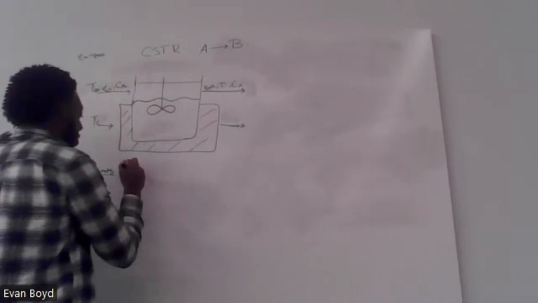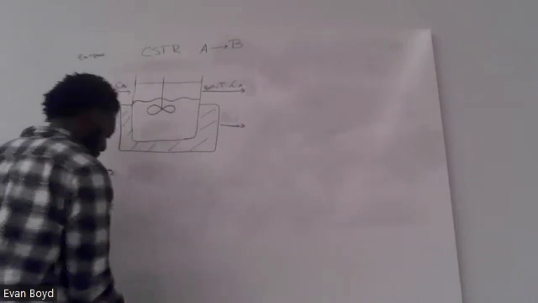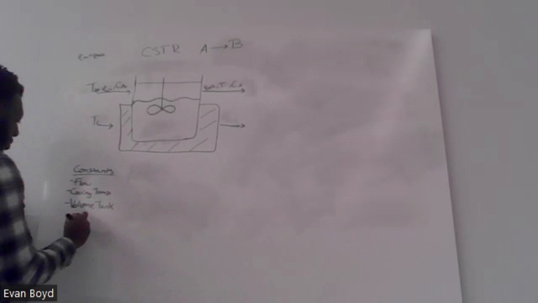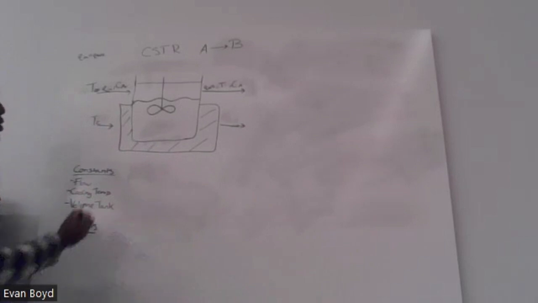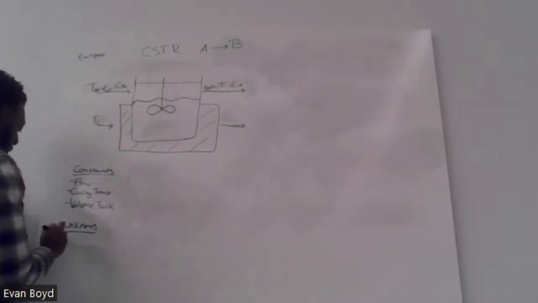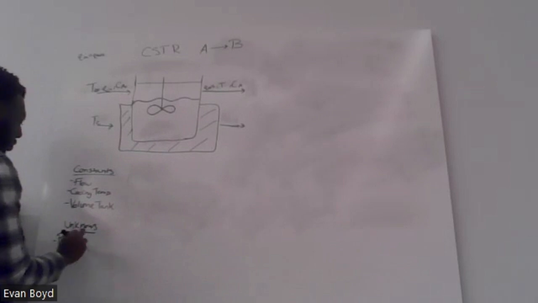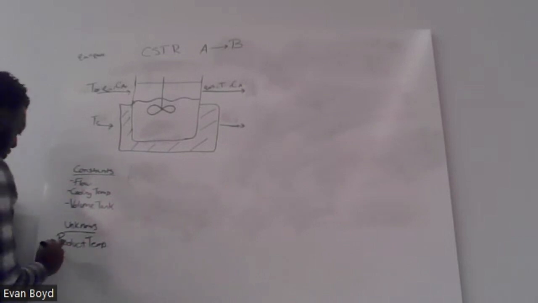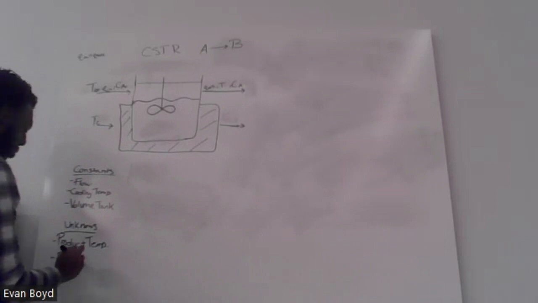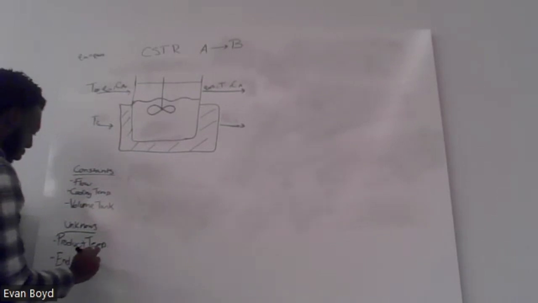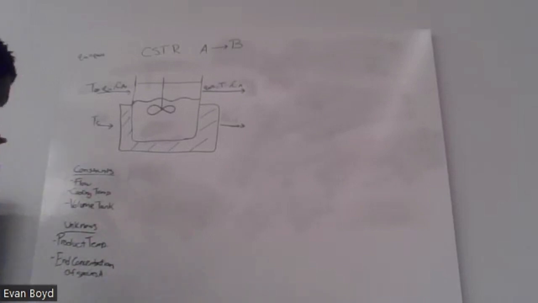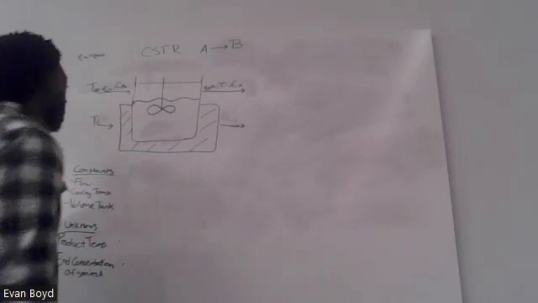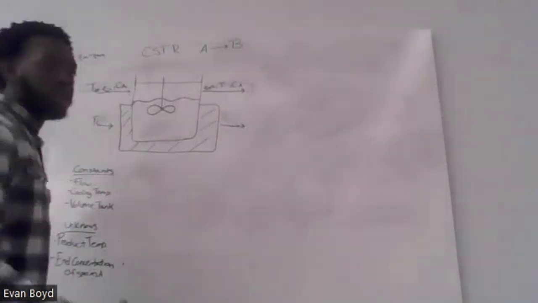Our non-constants are our unknowns. We don't know the final product temperature, and we don't know the end concentration of species A and species B. These are the two things we need to find for this reaction, and they are over a change of time, because the reaction doesn't happen instantaneously.